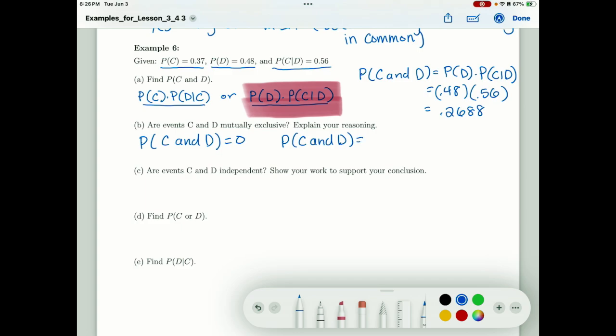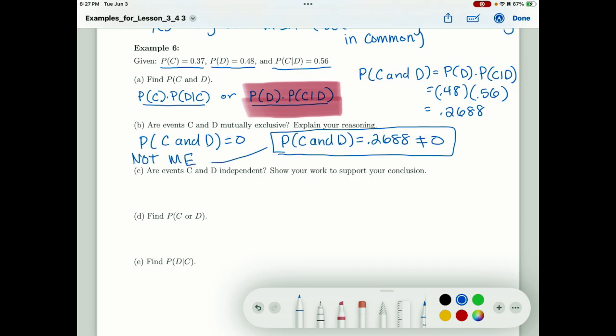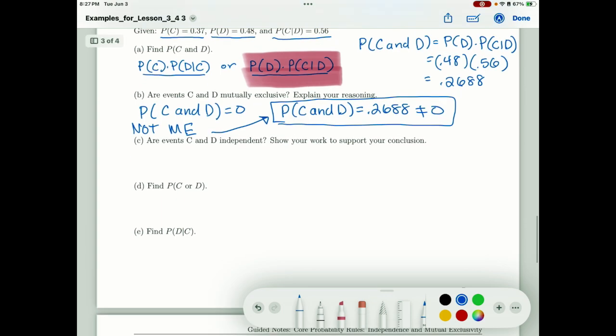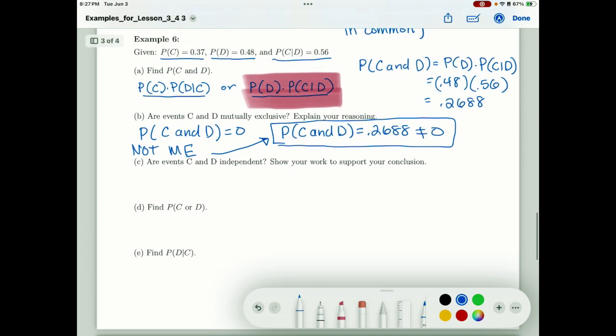In part A, we just found that the probability of C and D is equal to 0.2688, which is not equal to 0. So C and D cannot be mutually exclusive. And here's the reason. The probability of C and D is 0.2688, which is not equal to 0.